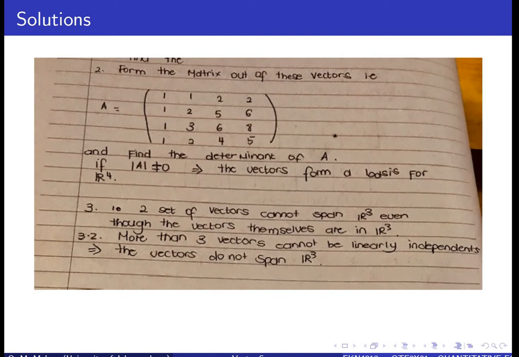If the determinant is non-zero, then the vectors form a basis for R4. I don't know yet if this determinant is non-zero. I have to work it out. I will leave this as an exercise for you to work out the determinant. And if it's non-zero, it means that the vectors form a basis for R4.